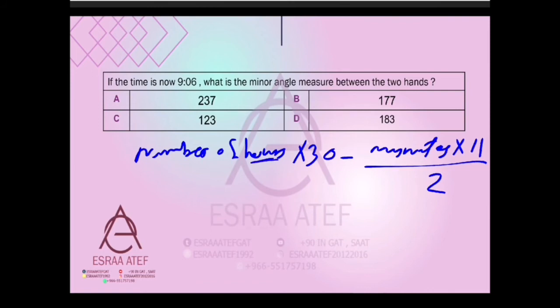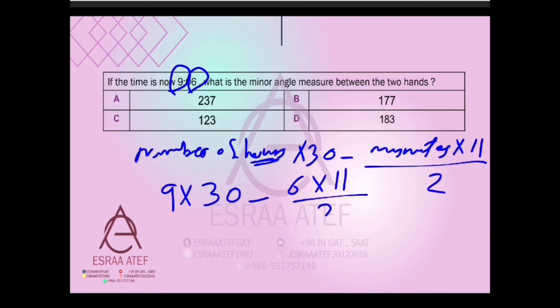The hour here is 9, so 9 times 30 minus the number of minutes, which is 6, times 11 over 2.